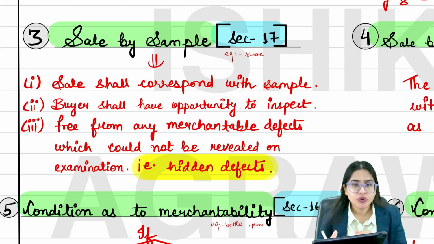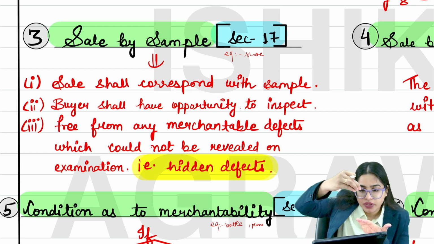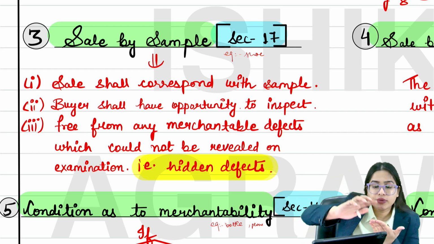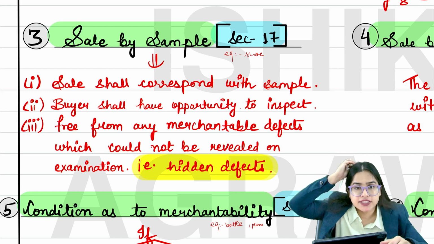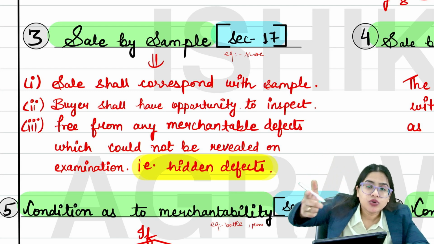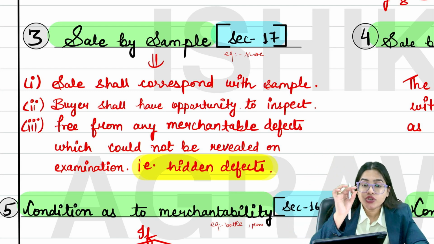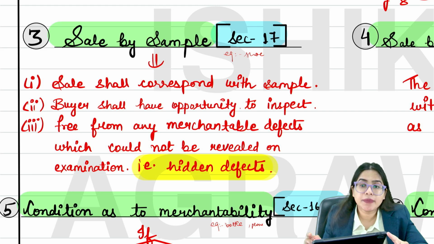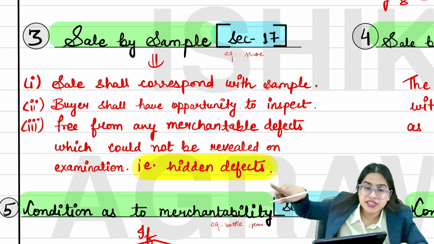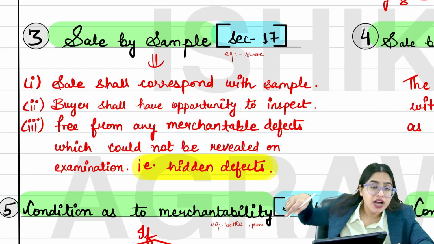Now don't you think, if I saw the sample of rice and I liked it, and I said, Anna, give me this sample 10 kg rice, now the goods, the rice that he will give me should be the same as the sample. It should not happen that the sample has some other rice and he gave me some other rice. Are you understanding?